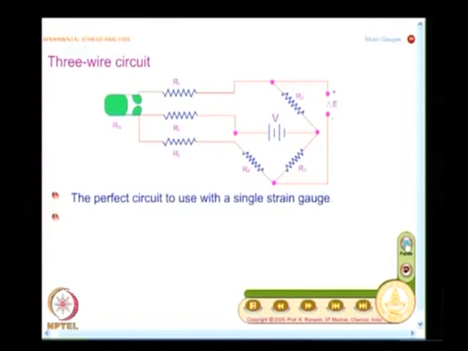I want you to make a decent sketch of it, and instead of 2 wires coming from the strain gauge, from one of the tab ends I take 2 wires and intelligently connect them to the Wheatstone bridge.